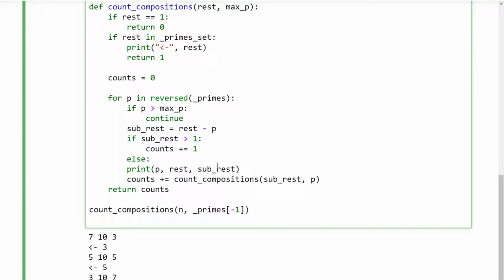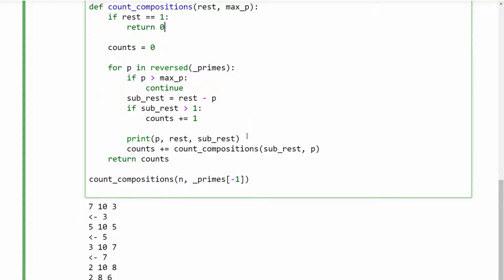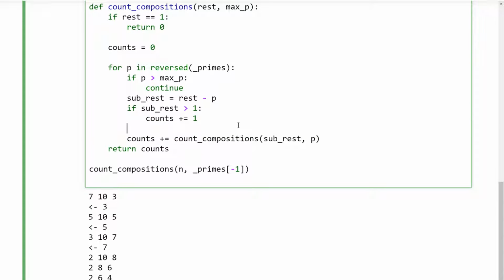But I'm not convinced why it returned only when the rest is 2.